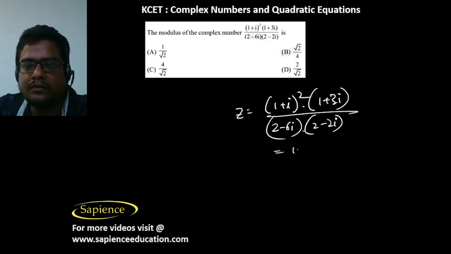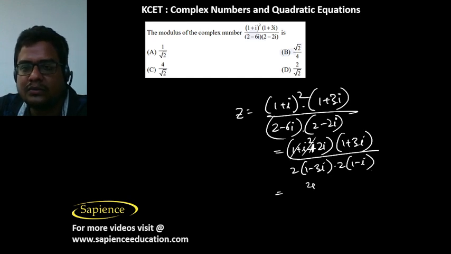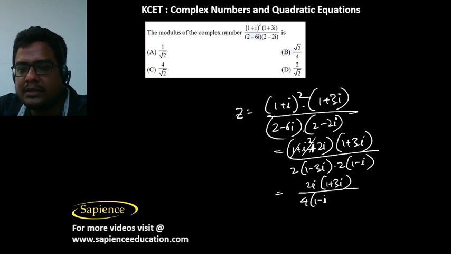So this will be (1 plus i square plus 2i) into (1 plus 3i) divided by 2 into (1 minus 3i) into 2 into (1 minus i). So this i square and 1 will cancel out. This is 2i into (1 plus 3i) divided by 4 into (1 minus i) into (1 minus 3i). So 2 2s are 4.